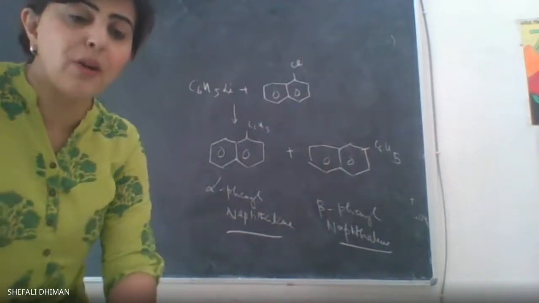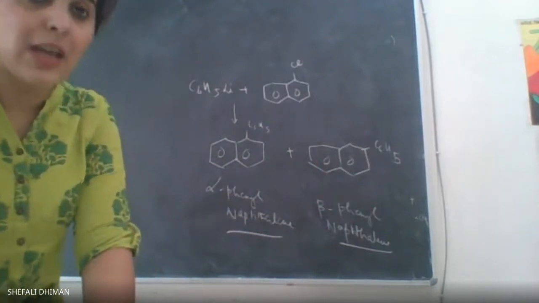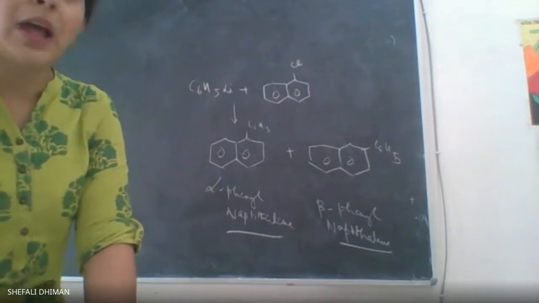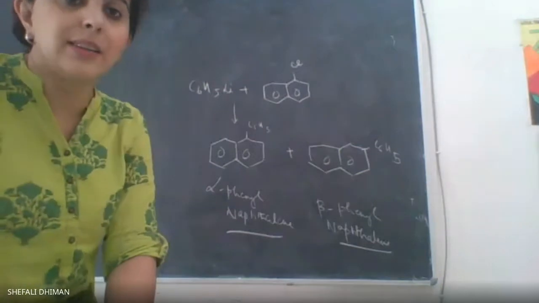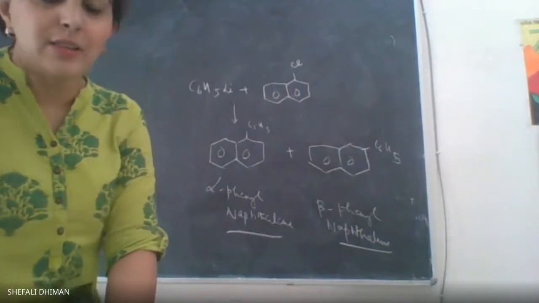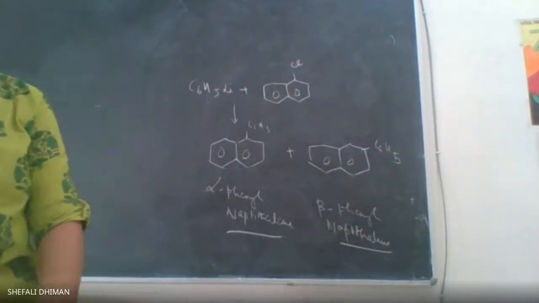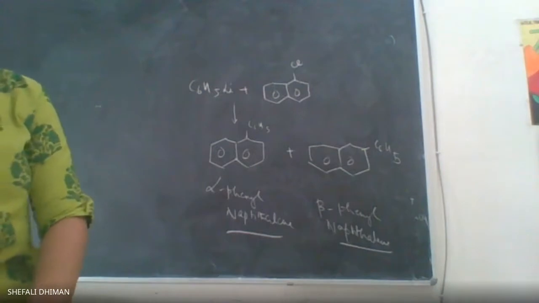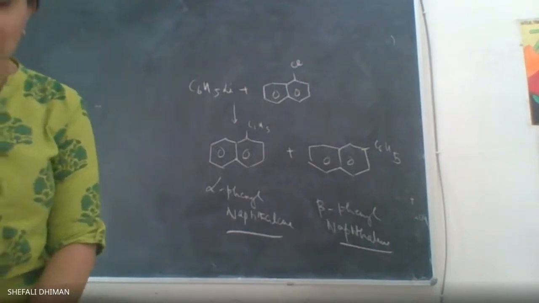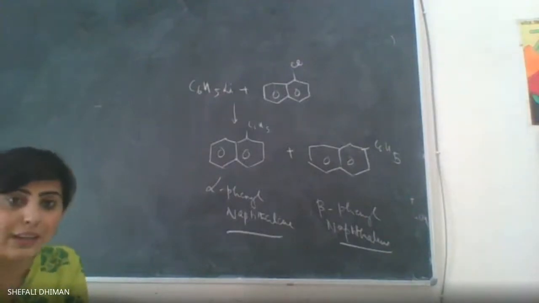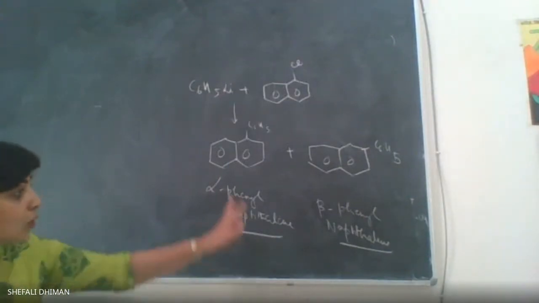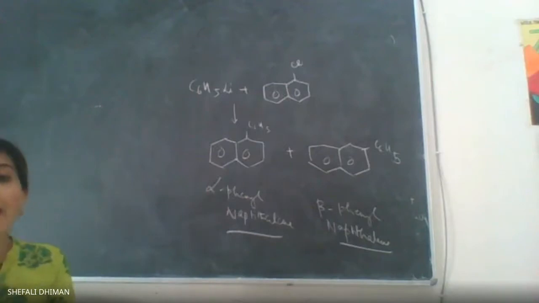This is an example of addition-elimination, and the mechanism involves an intermediate called the nephthine. So what is normally said is that the intermediate nephthine undergoes addition and forms both the products alpha and beta.